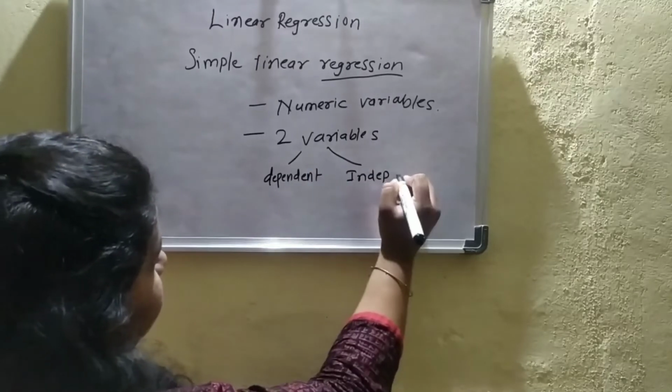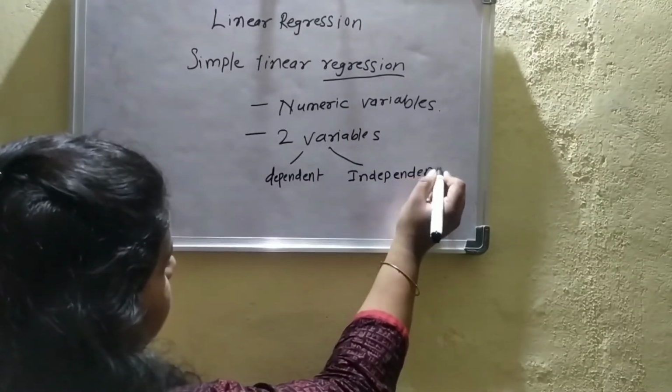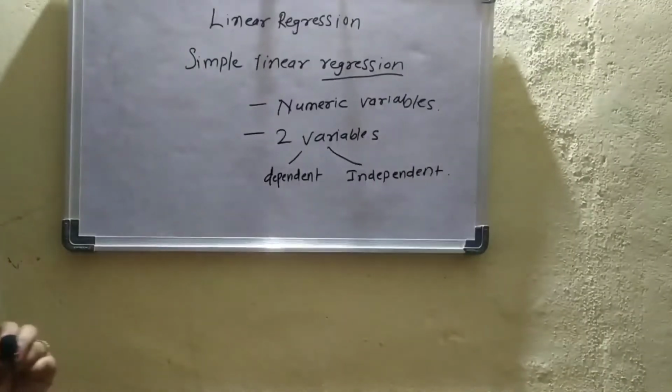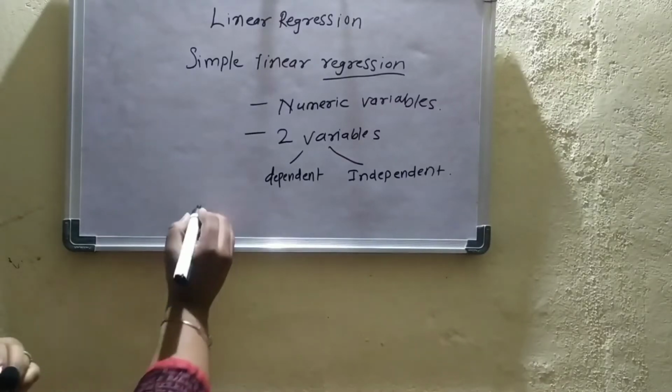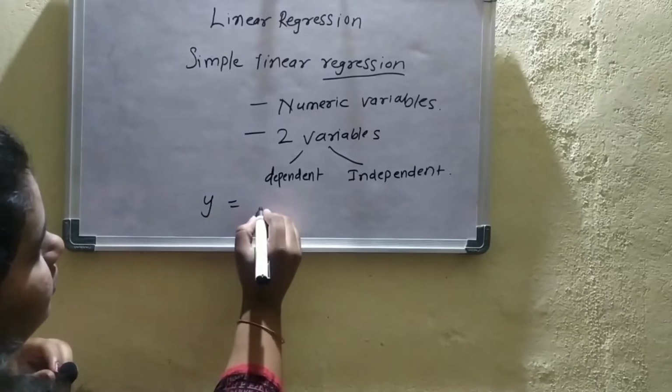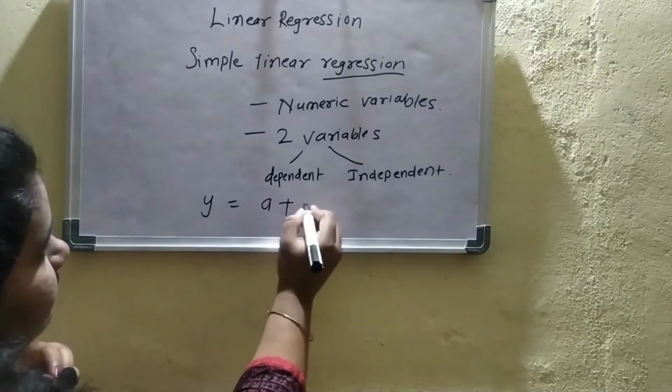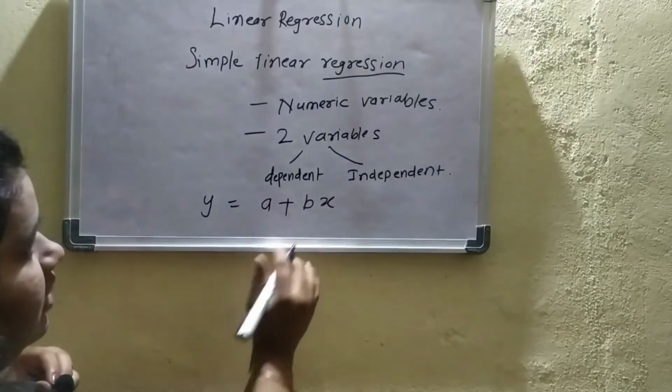So we have to deal with these two variables in the simple linear regression. Today we will be seeing one example of how to evaluate the regression coefficient, and what are the different formulas that we have to deal with whenever we are calculating the simple linear regression. So the basic formula is y is equal to a plus bx.